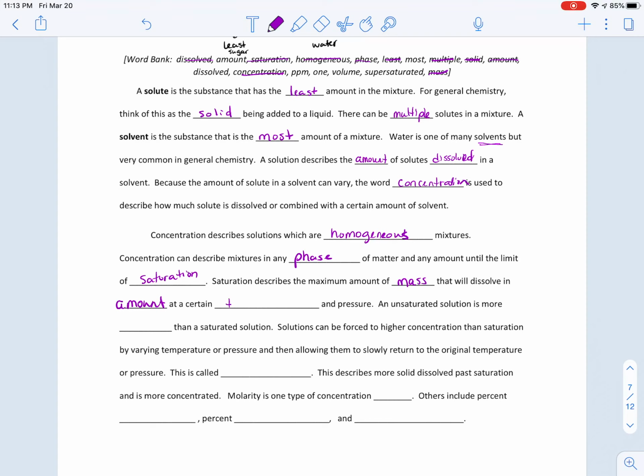I'm going to change that word to amount because I'm going to use volume later, but volume would be appropriate also. Amount, at a certain temperature and pressure. Okay, we're about to talk about that. So an unsaturated solution is more dilute. Oh my goodness, my word bank lost the word temperature. I'm going to have to fix that on your copy.